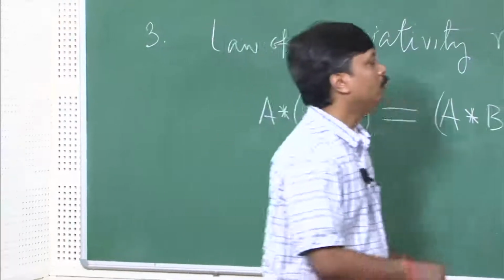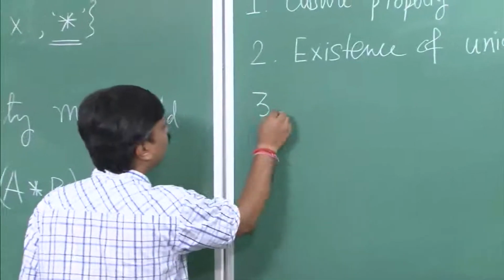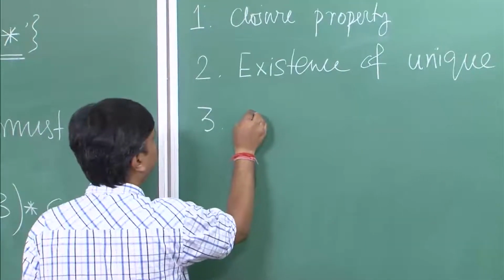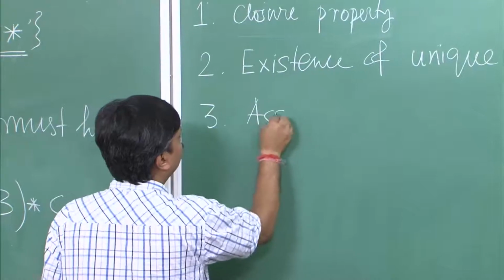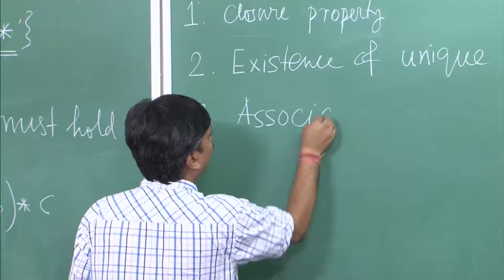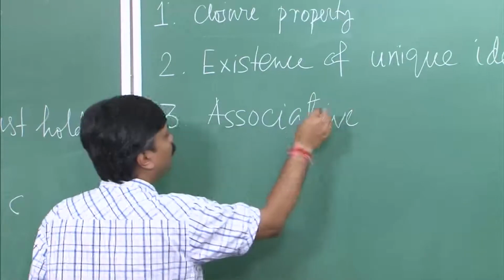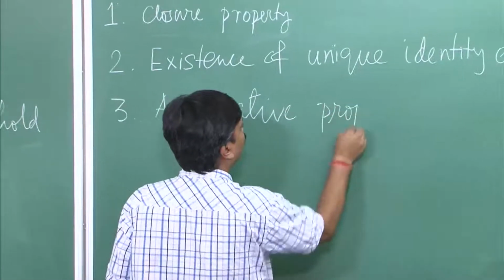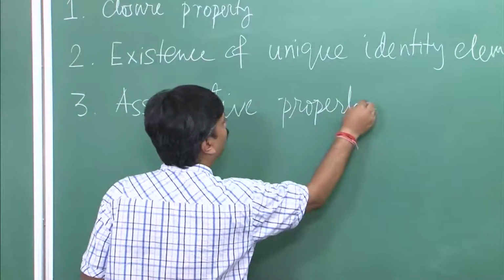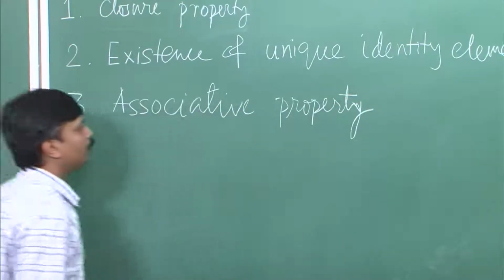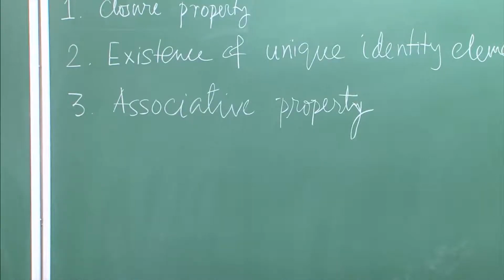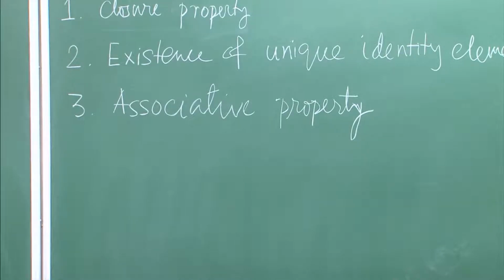Okay, so we got our third condition, that the set must have associative property, and then we must have another rule that has to be satisfied.